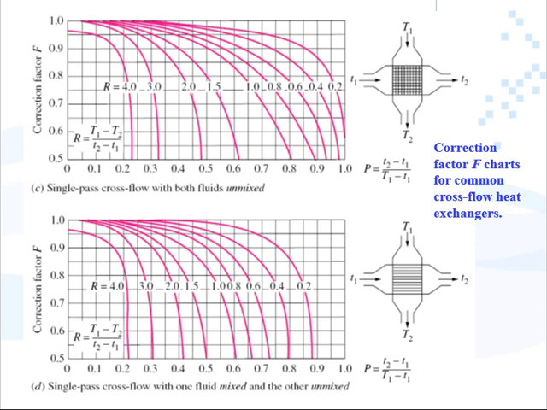There are other figures as well, where you can find the correction factor for single pass cross flow with both fluids unmixed, and single pass cross flow with one fluid mixed and the other unmixed. Those words mean something when we say that the hot fluid, for example, is mixed and the other one is unmixed. You need to pay attention to the detail, because the information that you read from those figures can play a critical role in the accuracy of your final result.